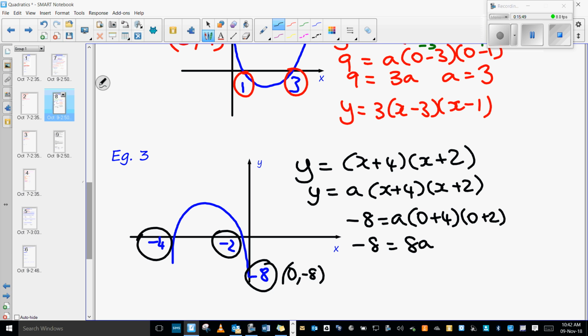So it gives us 8a, so then a is negative 1. So we've got y equals negative, x plus 4, x plus 2. And again, you can expand that out and get rid of the negative, or include the negative into the adjustment.